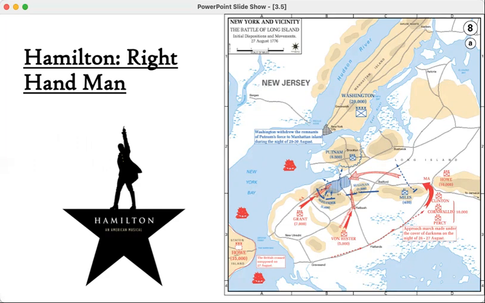Already, Washington is sort of breaking norms, right? It was the unspoken military rule that you don't attack on Christmas, you don't attack on holidays, but he does, and we win. And it's a huge morale boost. If you get a chance, I'd recommend you watch or listen to the song Right Hand Man by Hamilton.